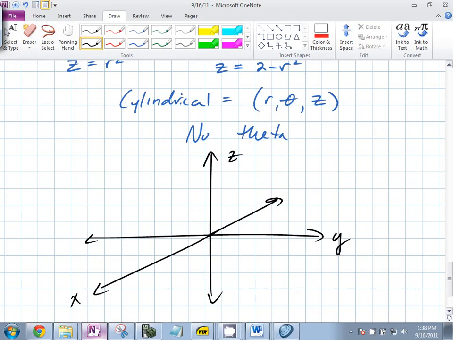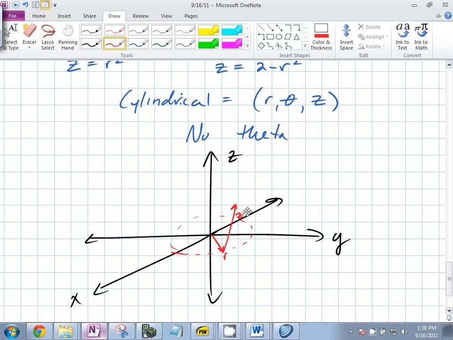No. If we go all the way around theta, r and z will be the same. Z is the height, and r is the radius.